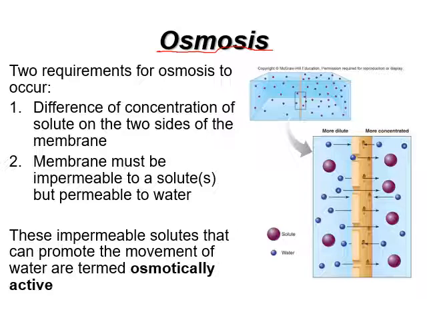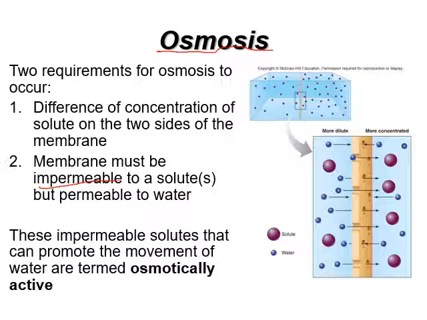Okay? And there are two requirements for osmosis. There's got to be a difference in concentration of solute or solutes, a combination of solutes, on the two sides of the membrane. And the membrane must be impermeable to some solute or all the solutes, what we call non-penetrating solutes.